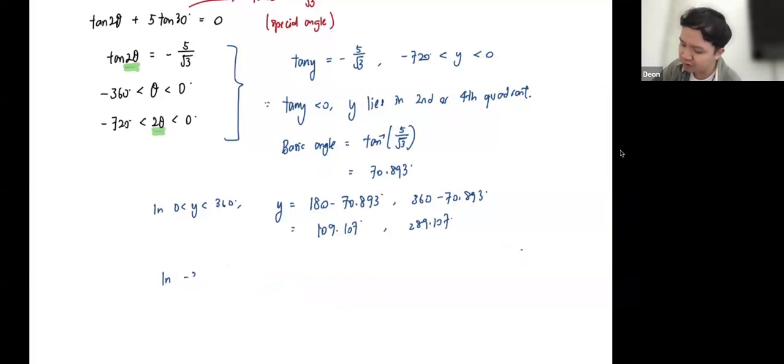Okay, so we're going to consider the circle here. I'm going to go backwards now, I'm not going to go forwards. So y equals 109.107 minus 360, 289.107 minus 360.